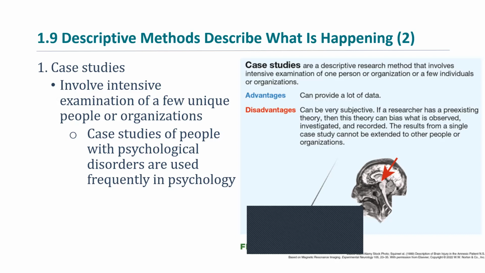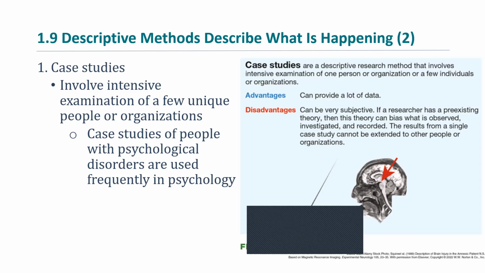Sometimes there's only one person with a certain condition or a certain brain injury, like this poor chap here who had a foil or whatever go through part of his brain, and he couldn't form any new extended memories.